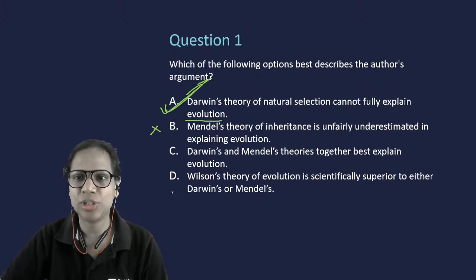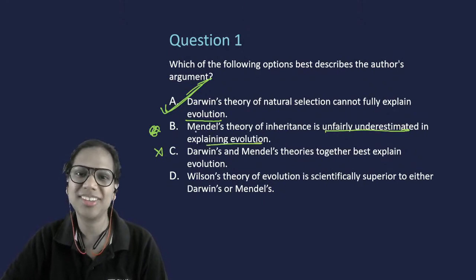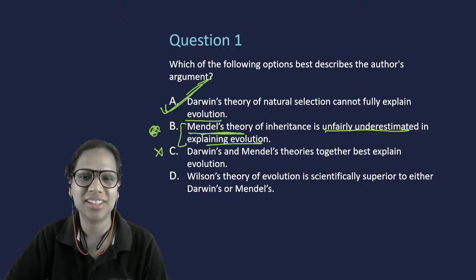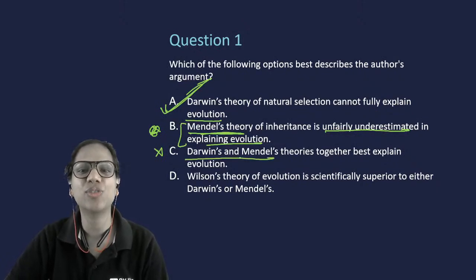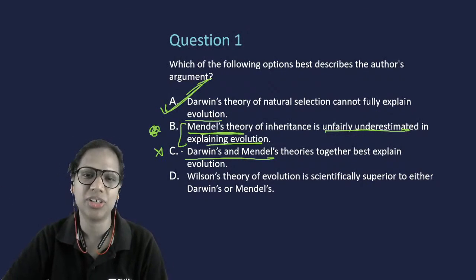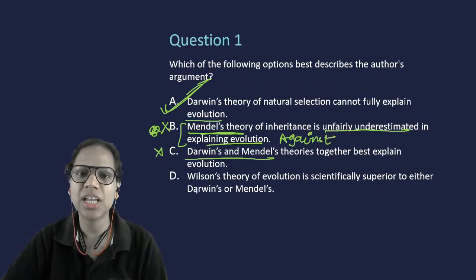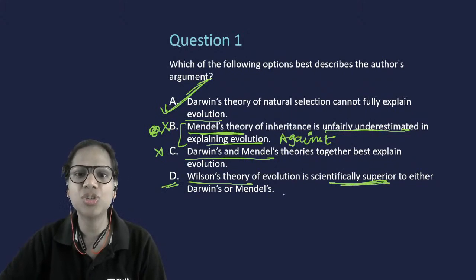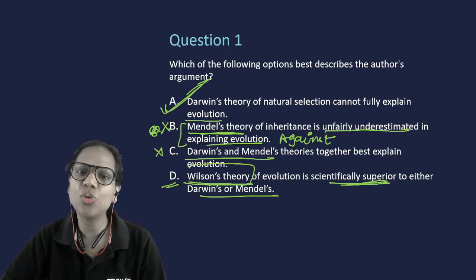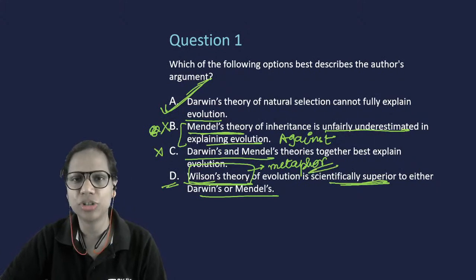Okay, C is eliminated. Then, is it unfairly underestimated? No, the author is not saying that at all. Rather, the author is saying that this is their traditional view, it is the dominant view, it is accepted. So this is going against the passage. Let's look at the option: Wilson's theory is scientifically superior to either. First of all, Wilson's theory is not mentioned. Only the metaphor given by Wilson in his book on human nature has been talked about.